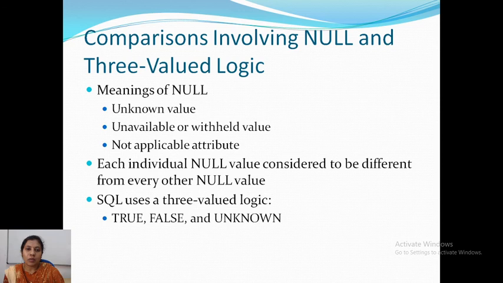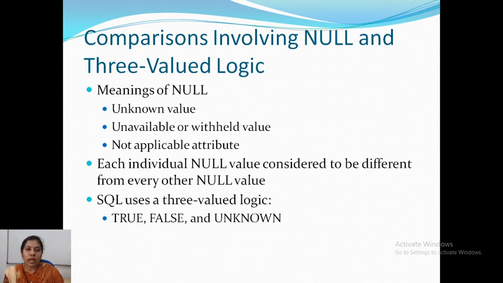Now what is the meaning of this null value? Null value means the data can be unknown, or it is not available at the moment, or it is not applicable. Now what is meant by unknown value? Say you are entering some details about an employee and you have to enter his passport number.